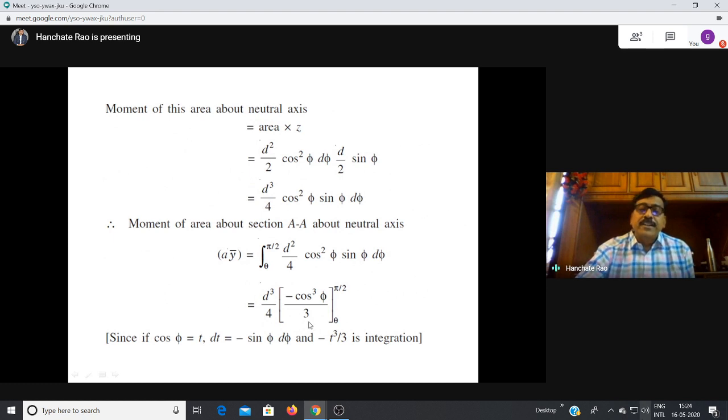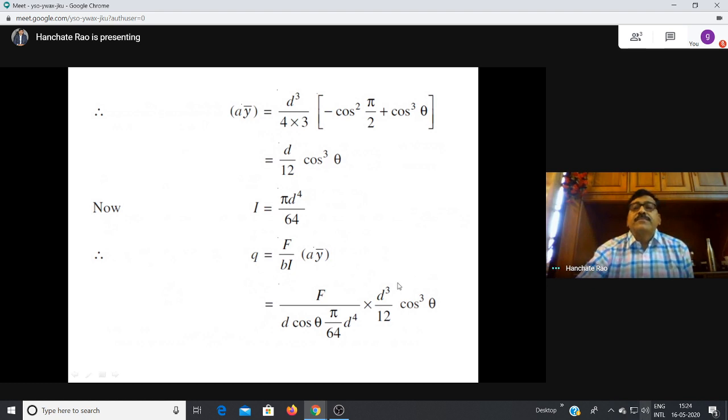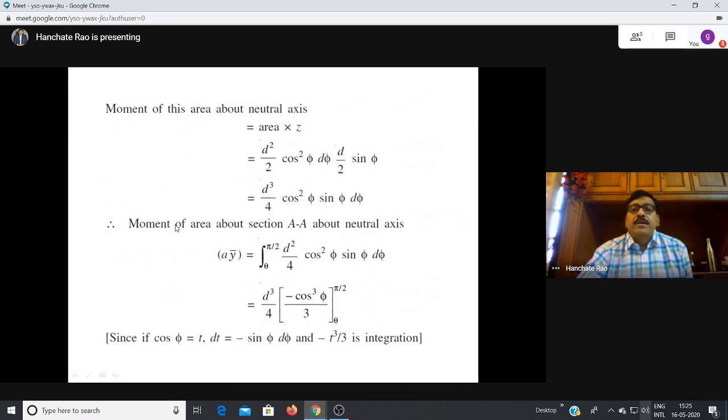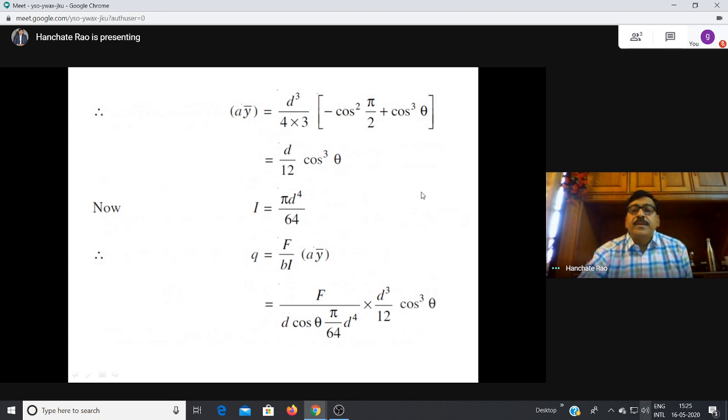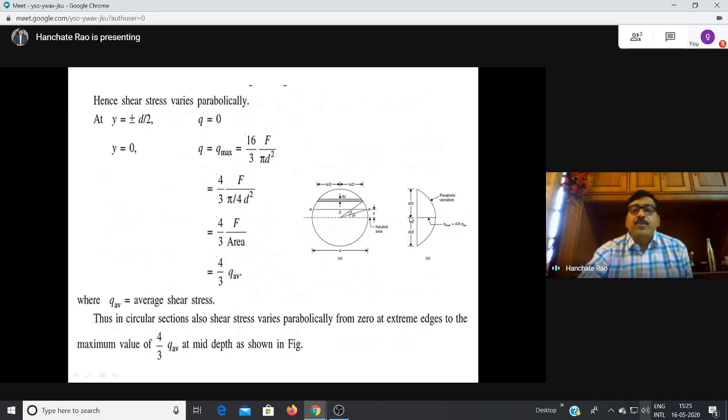If you integrate this and substitute the limits theta and pi by 2, you get the AY bar. Once you get the AY bar, q is equal to F by bI into AY bar. If you substitute that, you will get the shear stress distribution. I hope this has clarified your doubt.